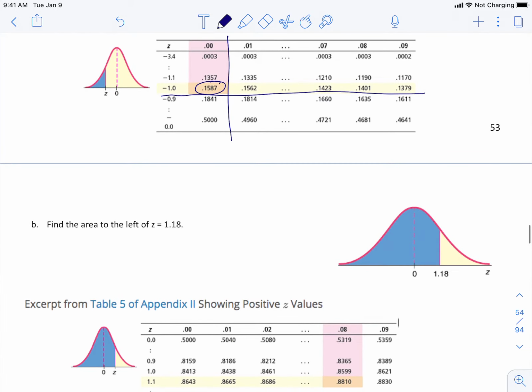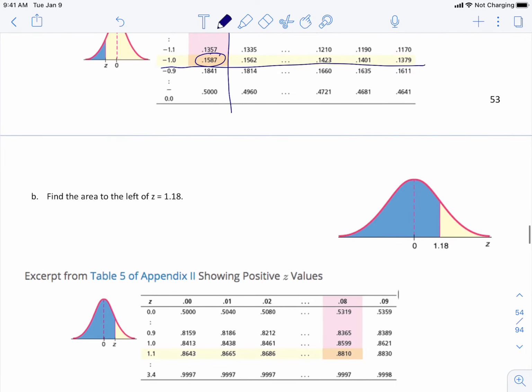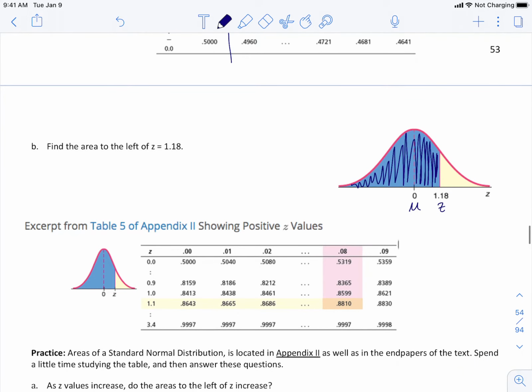Here's another one. Find the area to the left of z equals 1.18. Again, here's my mu, here's my z, and now I'm looking for this area. We see that it's to the right of the mean, so we know it should be more than 50%, because that 0 is the mean, the 50% mark. So here we're looking at 1.18.